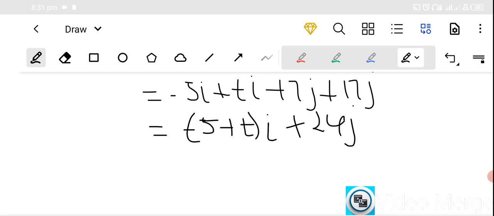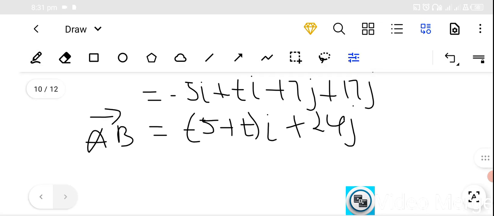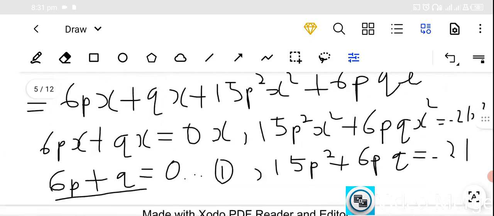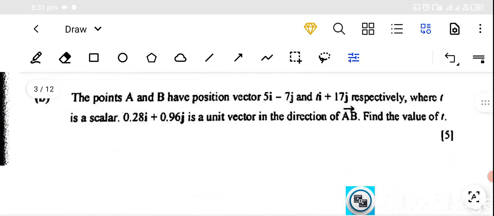Then this is your AB: negative 5 plus T i plus 24j. So that is the resultant vector for those two vectors. But the unit vector in the direction of AB is this.